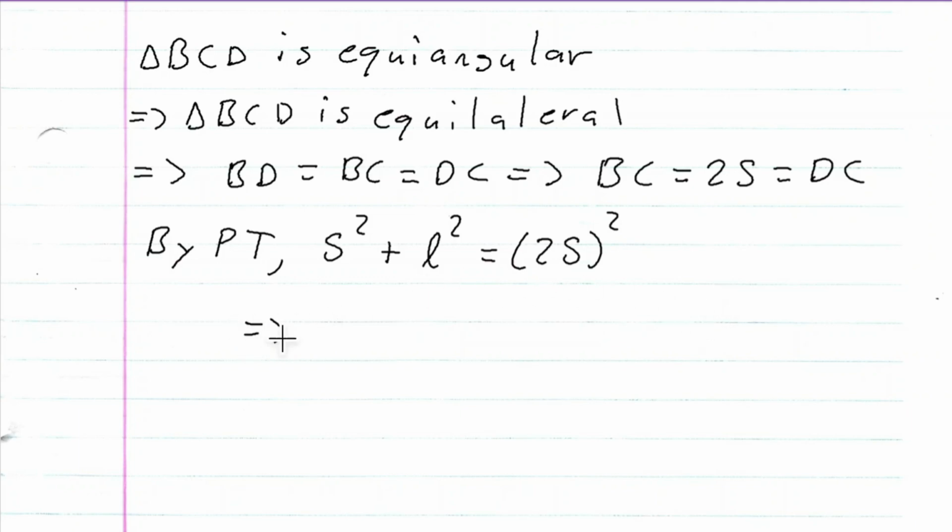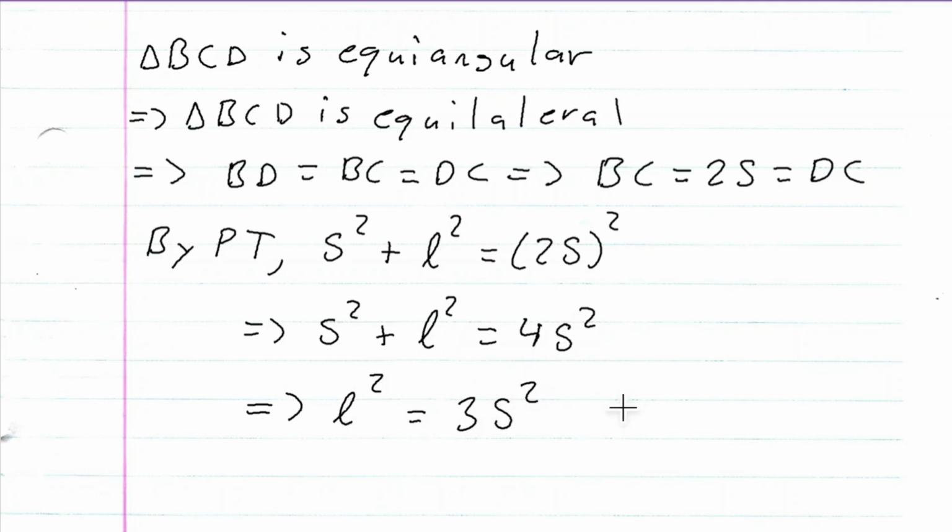Of course, this implies that S squared plus L squared is equal to, so 2S times 2S is 4S squared. I can subtract S squared from both sides to get L squared is equal to 3S squared.